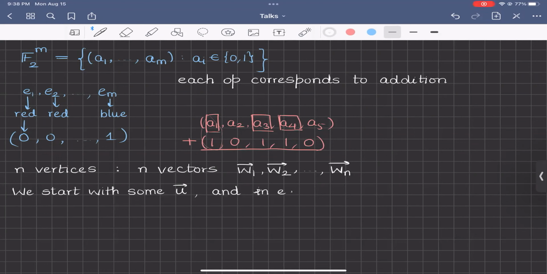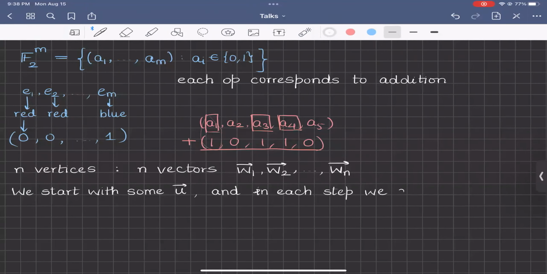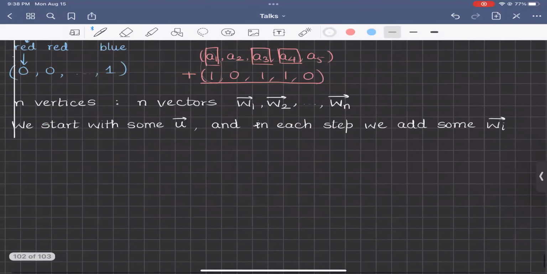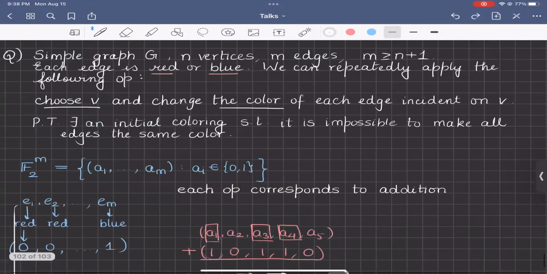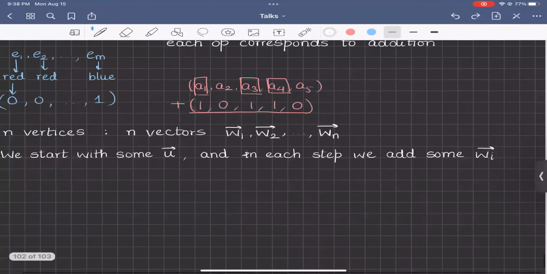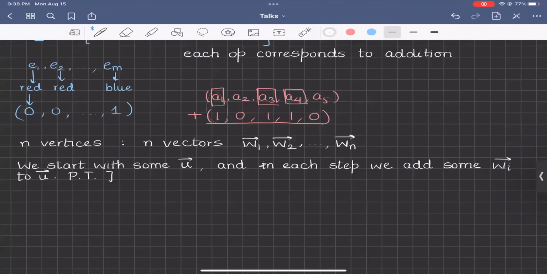and in each step we add one of the WIs to U. We want to prove that there exists a U such that we can never reach the 0 vector or the 1 vector.